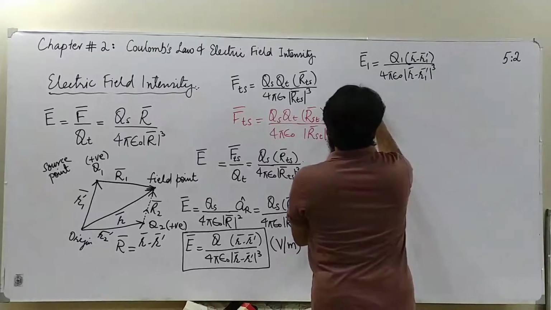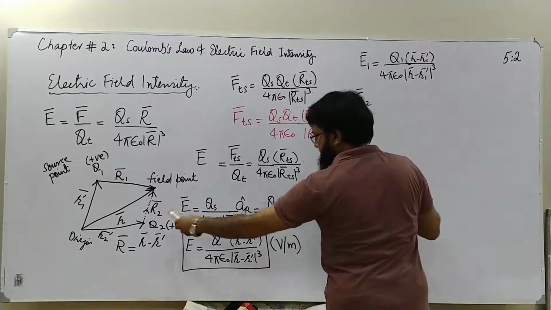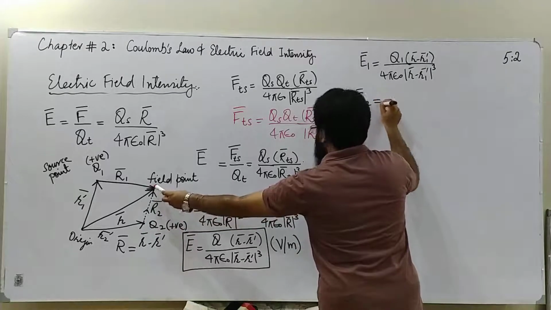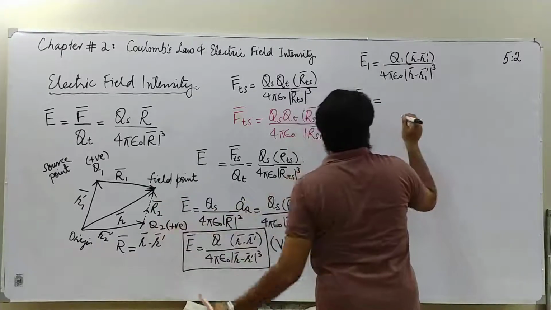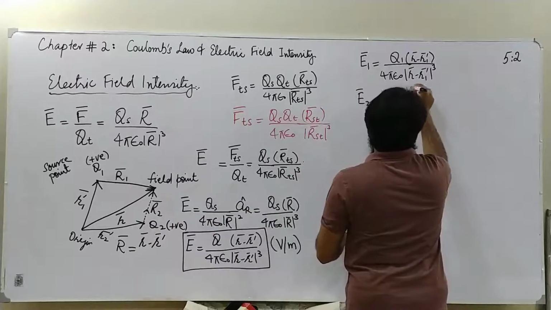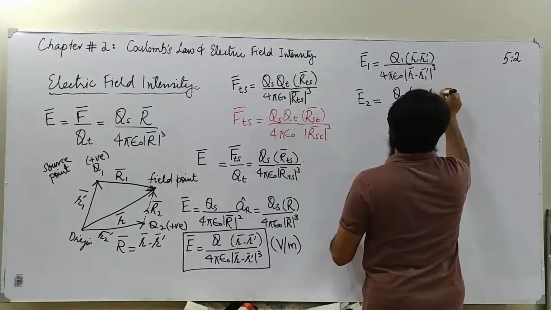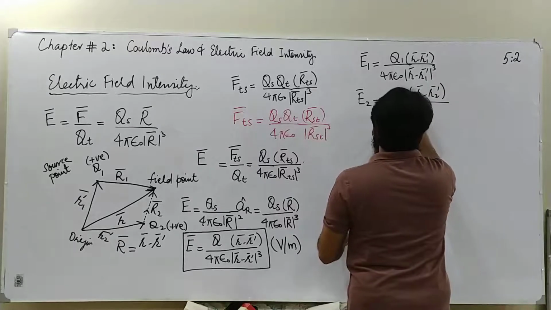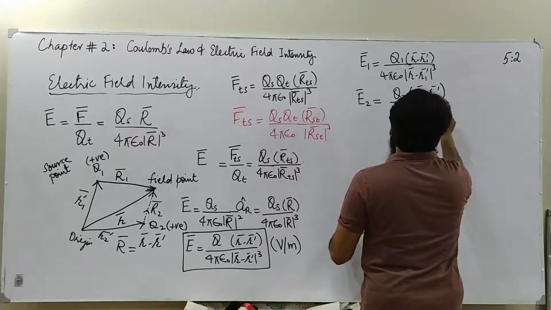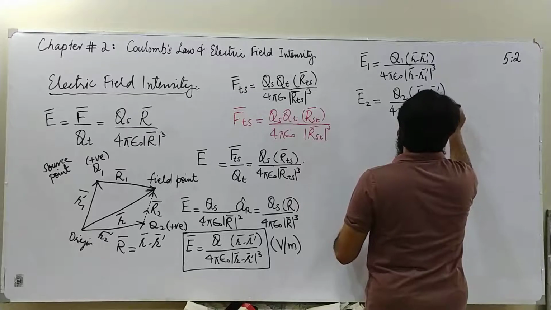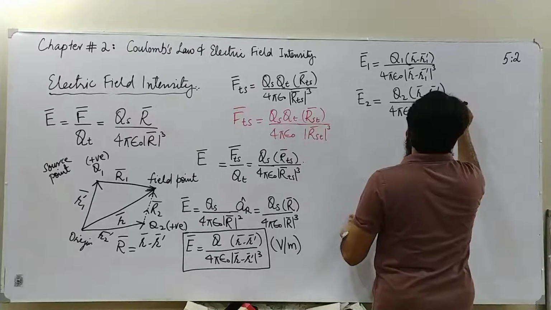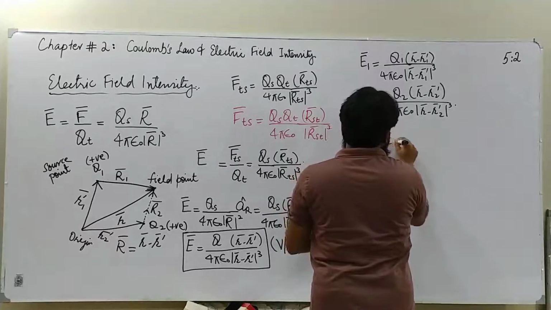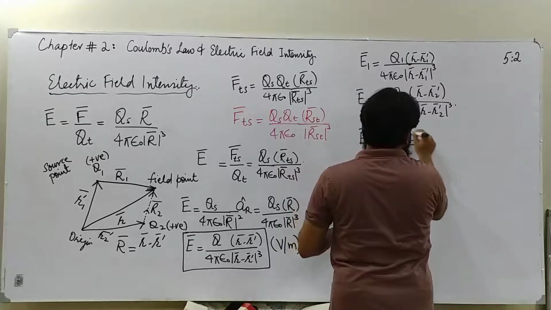And similarly for the second case, the field at this point due to charge q2 will be q2 times r minus r2 prime divided by 4 pi epsilon naught magnitude of r minus r2 prime cubed. So the total electric field will be the sum of the individual fields.